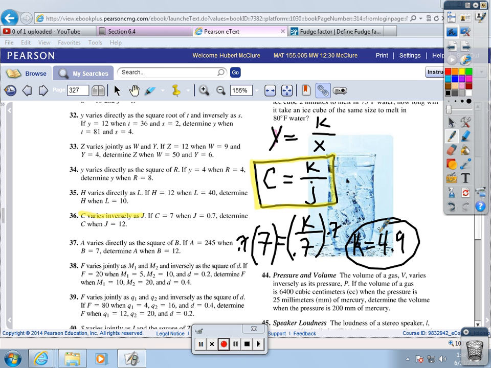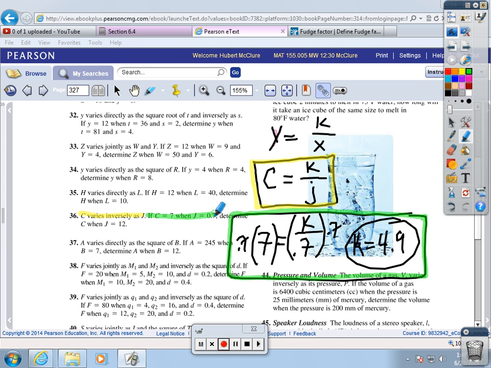Take that, and we're going to color this mauve or green. And that is this right here, and we just found k.